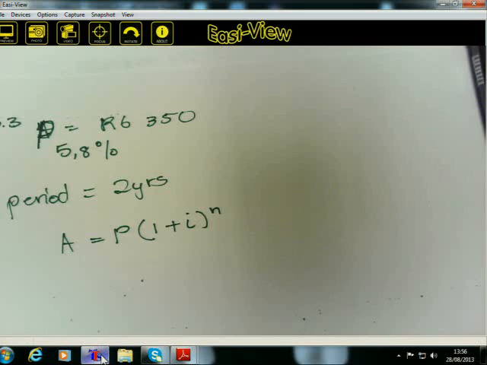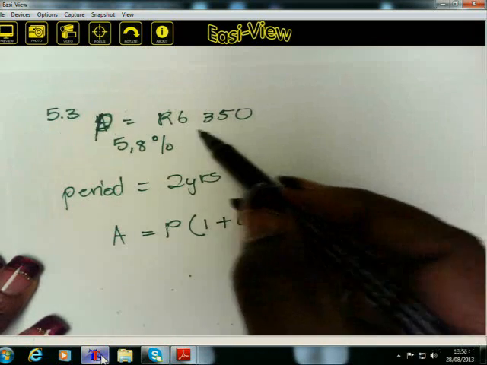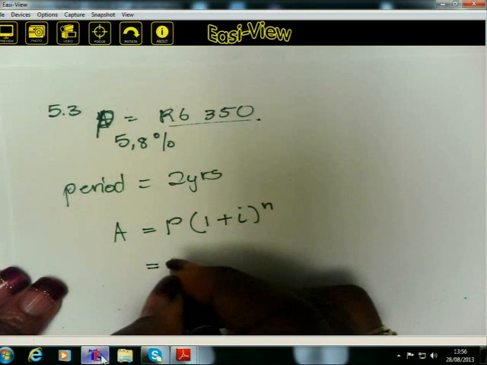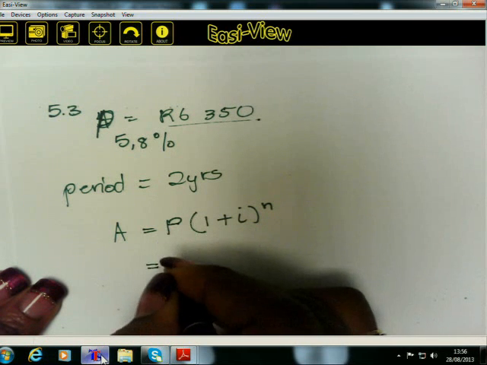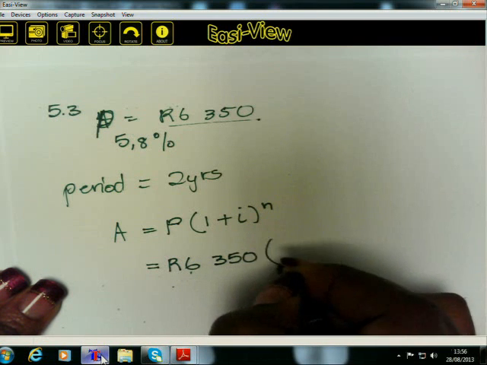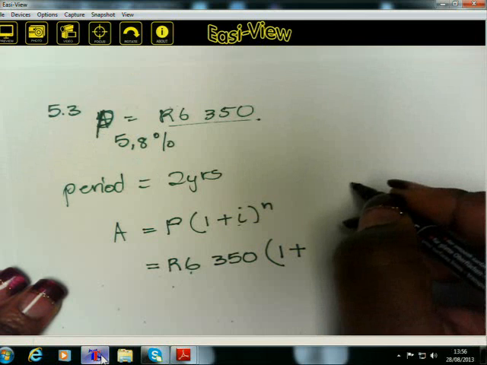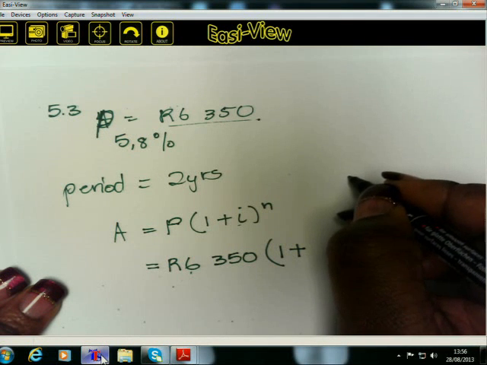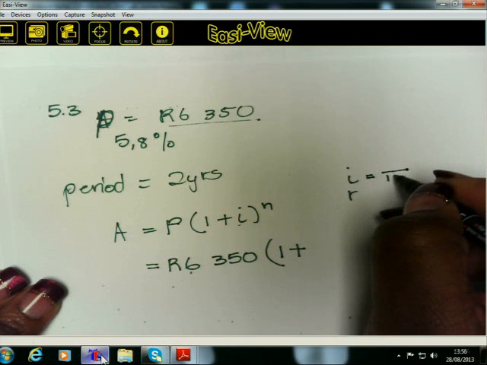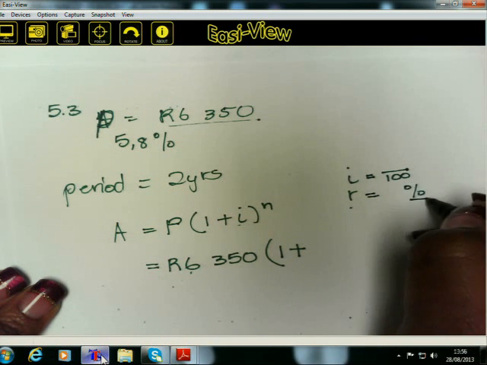Let us go to the calculation. I've briefly summarized what we are given there. This is the amount that she wants to invest, which is our P, so we will substitute 6,350 in the place of P. We open our bracket, 1 plus, what is i? Remember the difference between i and r is that with i, whatever it is that we have is divided by 100, and with r, we have a percentage sign.